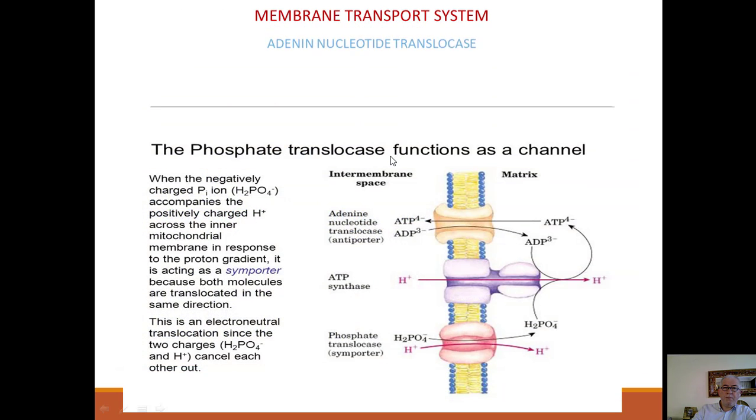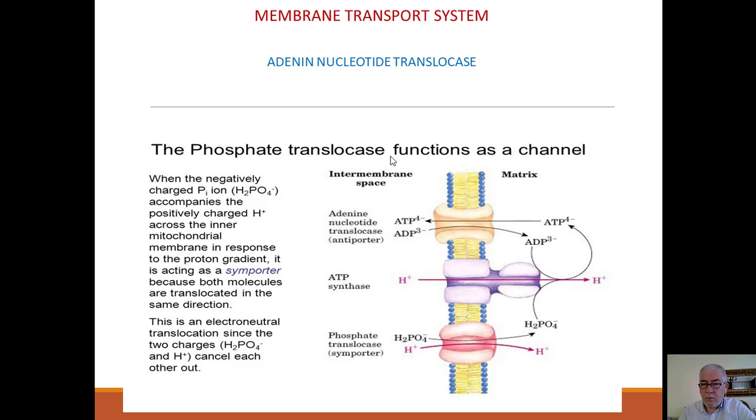After ATP is produced in the matrix, we have to move this ATP to the cytosol, because we know that all the degradative ways of carbohydrate and lipid metabolism occur in the matrix and produce ATP, but all the synthetic ways are in the cytosol.